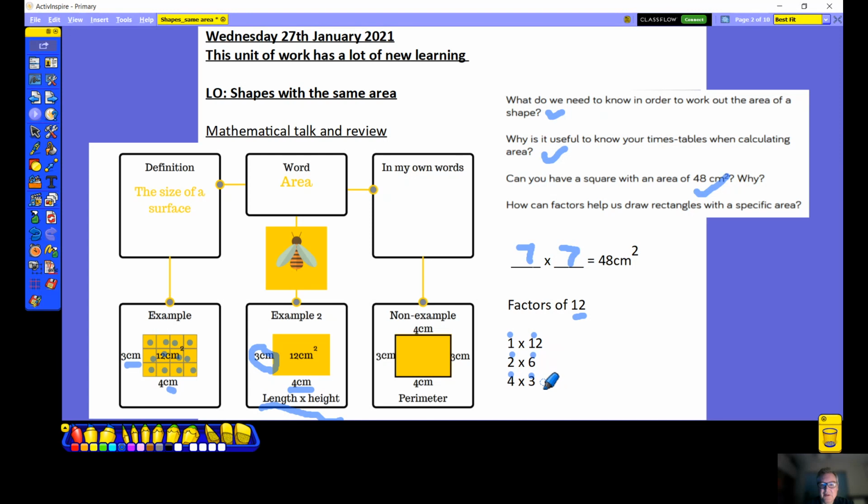You could draw any of those. This is the one we have over here, 4 times 3, or 3 times 4. Commutative, so whether it's length times height, the answer is always going to be the same. Great. How did you do? If you got stuck on any of those, pause the video, review it, and have a think.